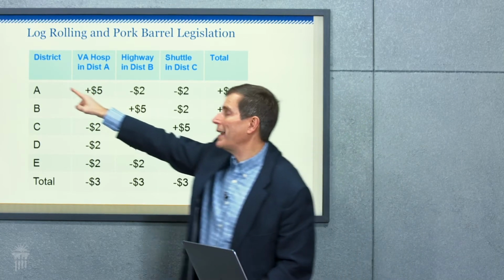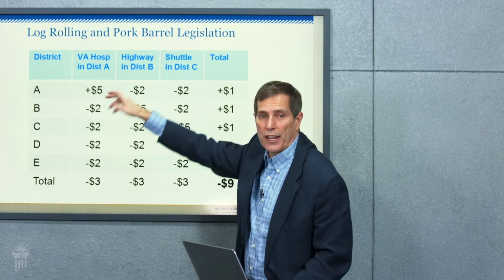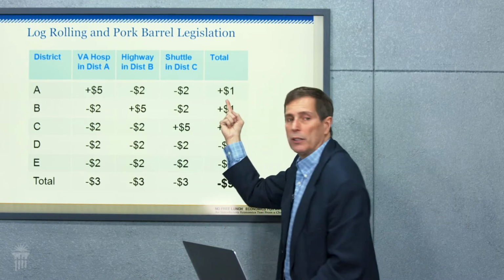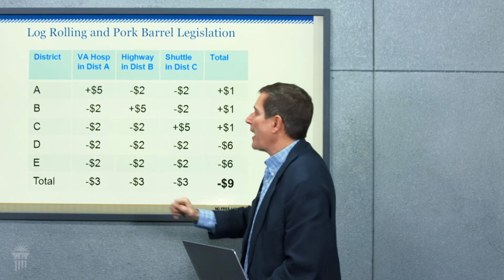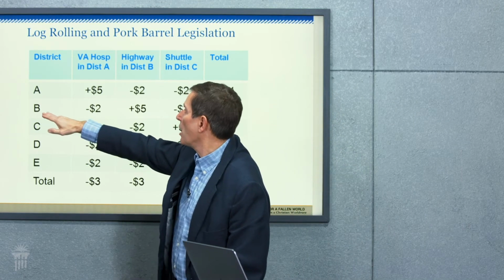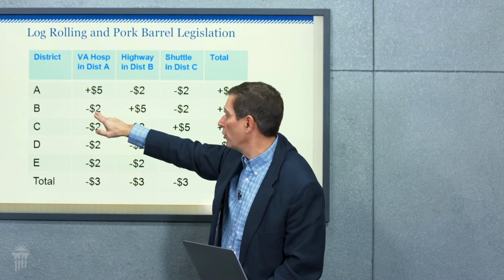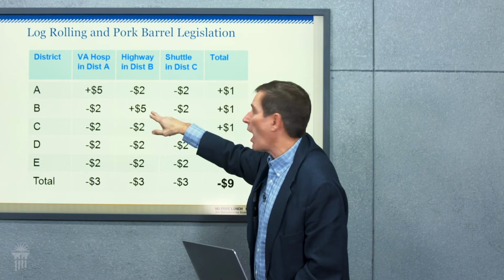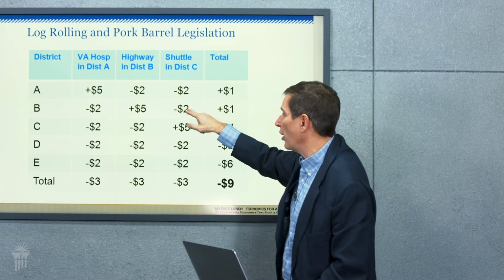So Congressman A is going to vote for this pork barrel legislation because it on net leads to a surplus for his constituents. Now let's look at Congresswoman B. Congresswoman B doesn't get the VA hospital in her district, and her constituents lose $2, but she gets the highway in her district, so she gets the $5 benefit, and she doesn't get a shuttle.